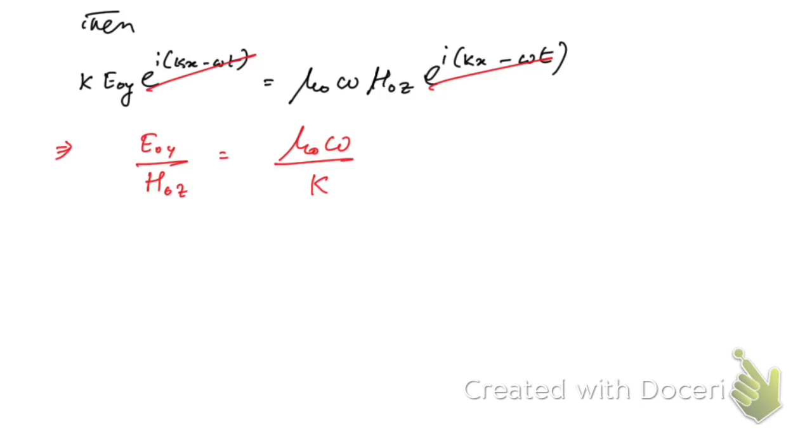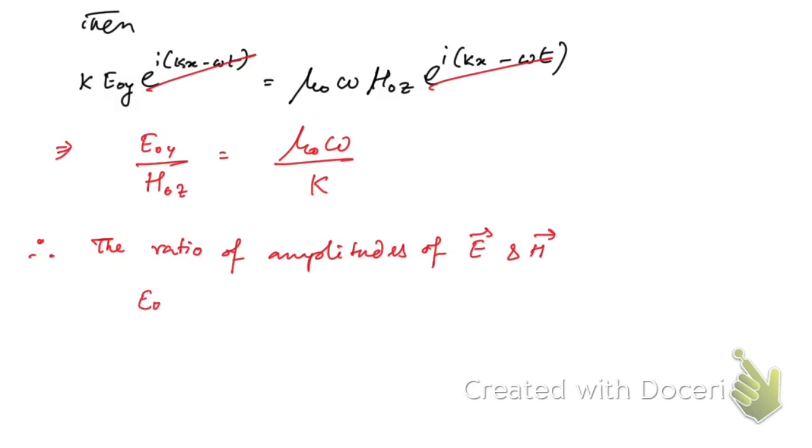So now you see, therefore the ratio of amplitude of E and H will be given by E naught by H naught, which is again E naught y by H naught z, and that is going to be equal to mu naught omega by k.